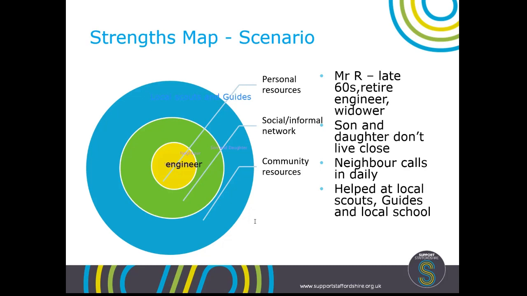Does it say widower under there, or does it say engineer as well? Just volunteer. Yeah, so I think that is a skill, isn't it? It's something that he's done. He's volunteered, so if he's done it once before, potentially he might be happy to do that again. So that would be a skill or a resource that he's got. Can we think of any more just before we move on?